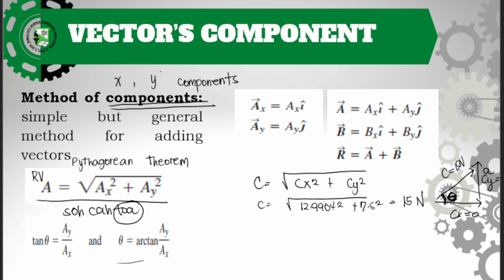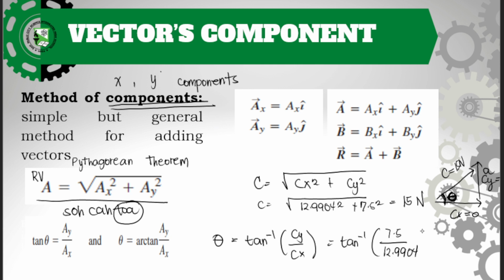So angle theta is equal to tangent negative 1 of Cy over Cx, which is tangent negative 1 of 7.5 over 12.9904.